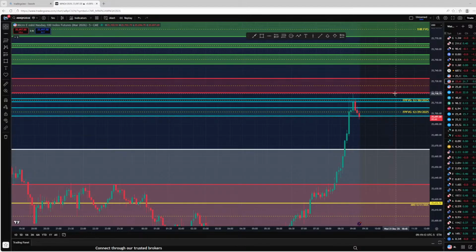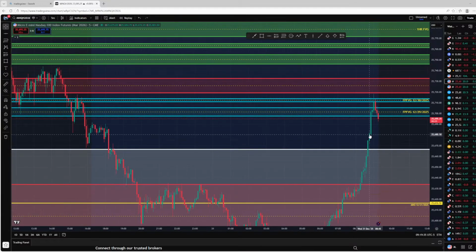Make sure everything is pulled up here. At about 11 minutes, I said that the market was likely to drop off during the market open. We are already getting a little bit of a taste of that.